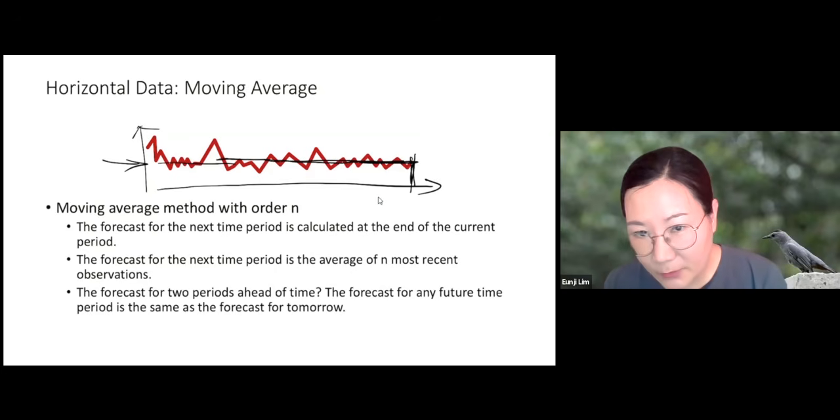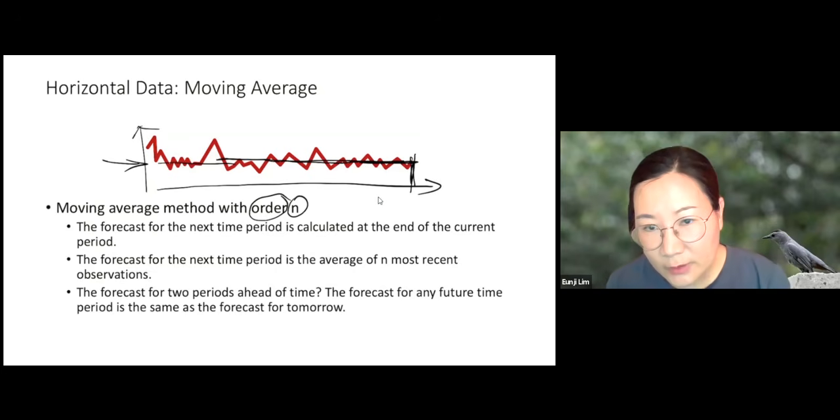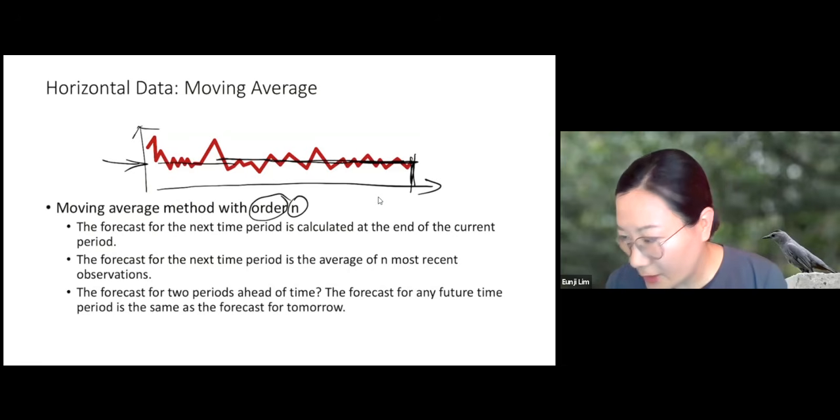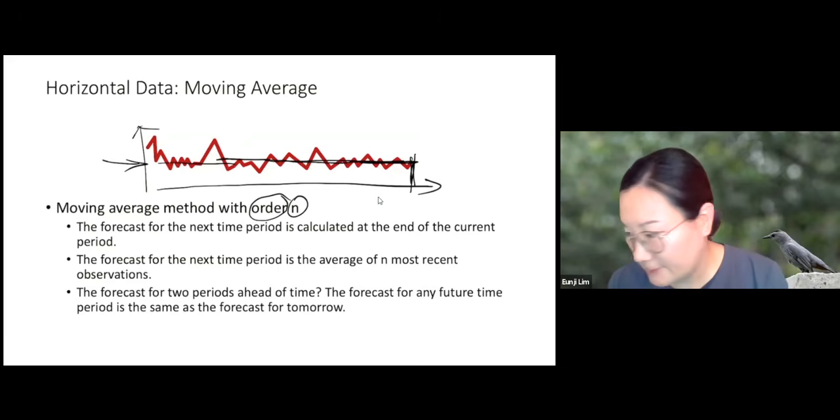The number of data points we're going to average is called the order of the moving average method, and it's denoted by n. So if you're using the moving average of order 3, that means we're going to collect the 3 most recent data points and then average them. And that's going to be our forecast for the next time period.